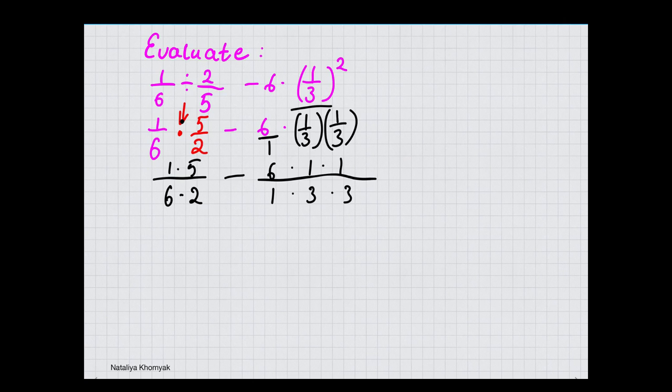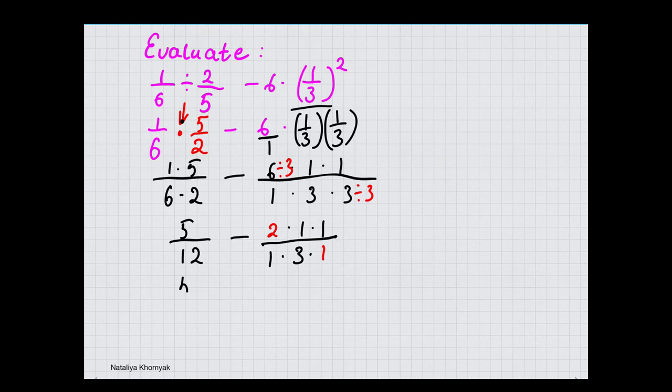First fraction has nothing to reduce, so we get 1 times 5, 5 out of 6 times 2, 12, minus. In the second fraction, we have numerator and denominator numbers that can be reduced by 3, and we get 2 times 1 times 1 out of 1 times 3 times 1.